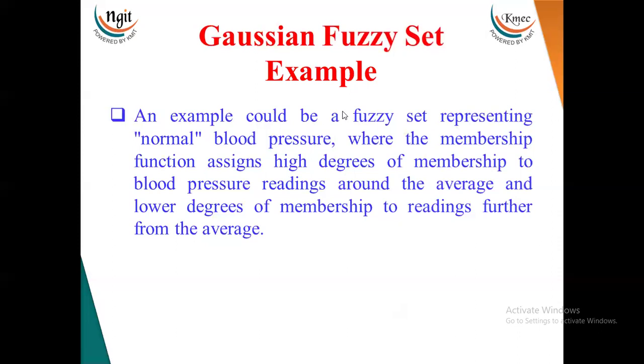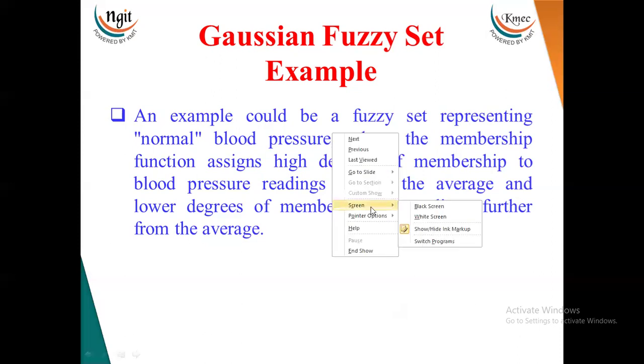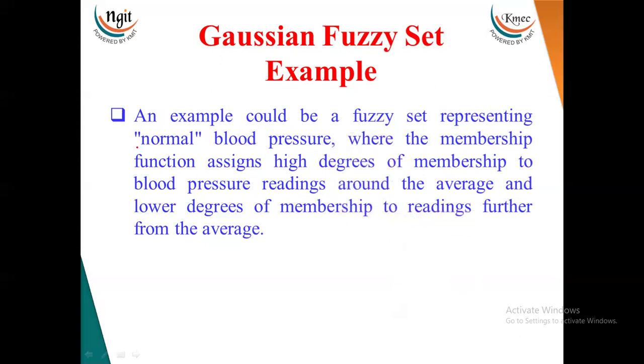So what is the meaning of this? If I take blood pressure as a parameter, the normal one will have the high value. Suppose I take 120. Normal blood pressure will have the peak value, that is 1.